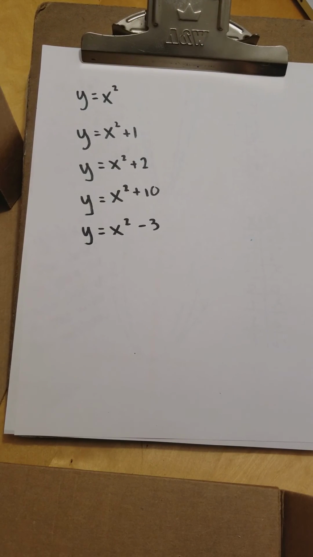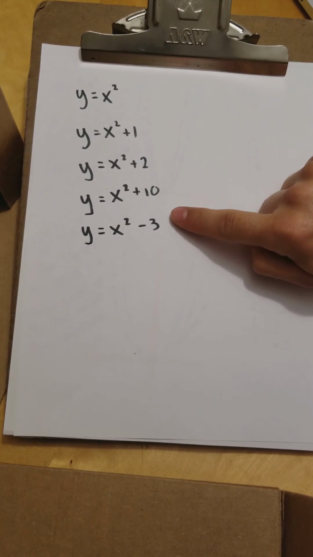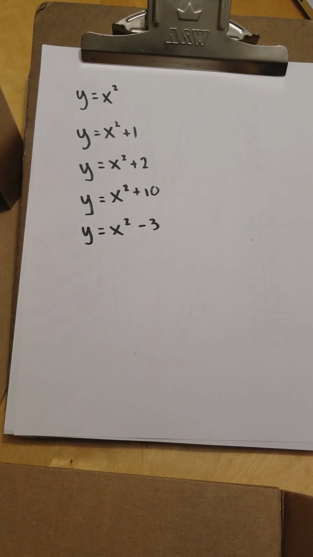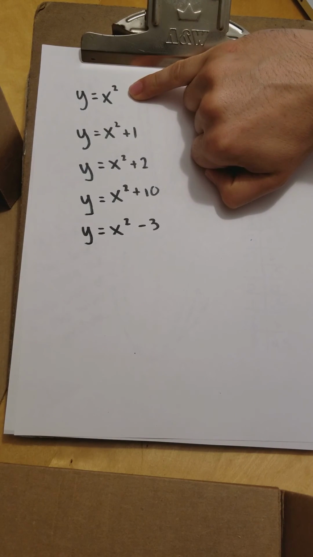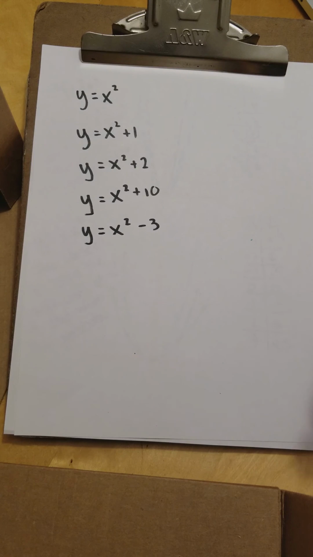They're not going to be narrower or wider, because that coefficient is 1. But what will change is where that parabola is on the graph. This one will go through 0, 0, but these ones will not.